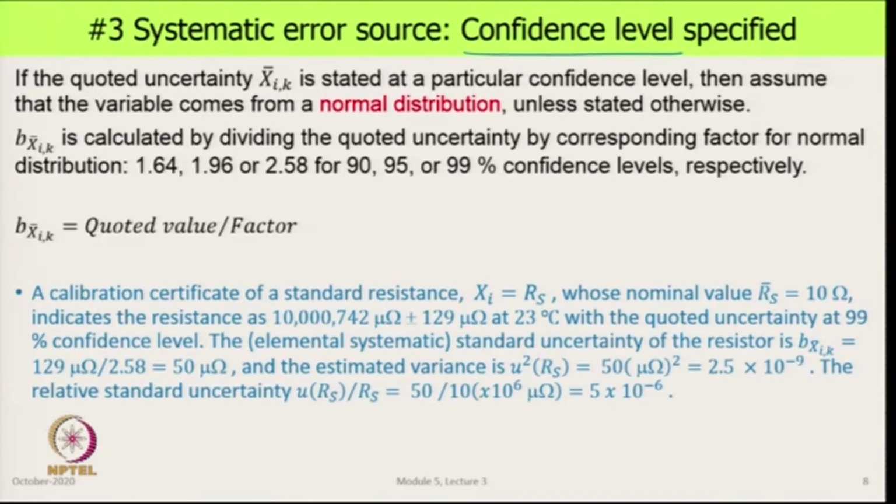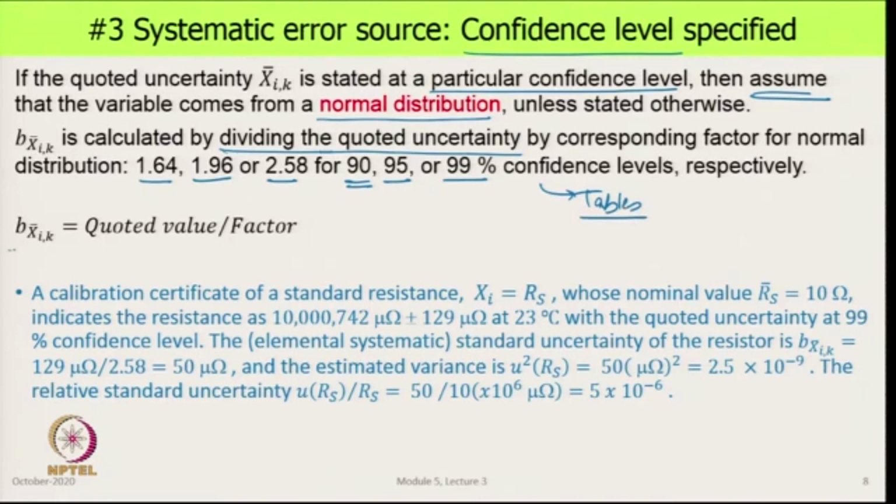If the quoted uncertainty is stated at a particular confidence level, then we assume that it is coming from a normal distribution unless otherwise stated, and all that we need to do is divide the quoted uncertainty by the corresponding factor for normal distribution, which is 1.64 for 90% confidence level, 1.96 for 95% and 2.58 for 99% confidence level, or if there is any other value, we can look up the standard tables and pick that number from there.